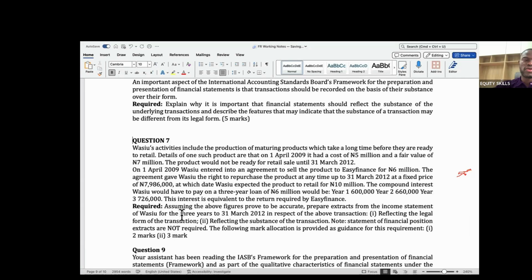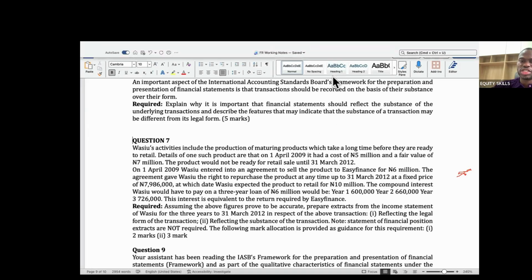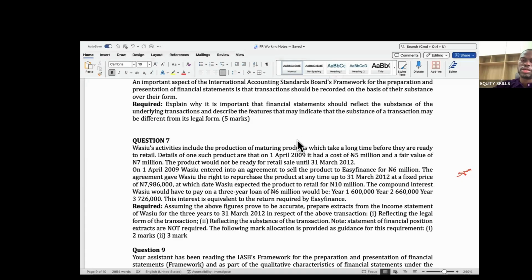Okay. You look at this question 7. This one says, Wasiu's activities include the production of maturing products, which take a long time before they are ready to retail. Details of one such product are that on 1st April 2009, it had a cost of 5 million naira and a fair value of 7 million naira.